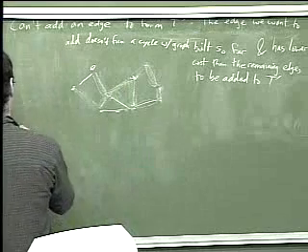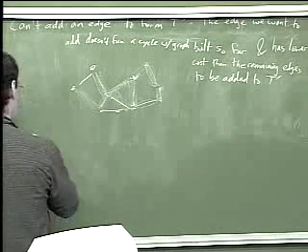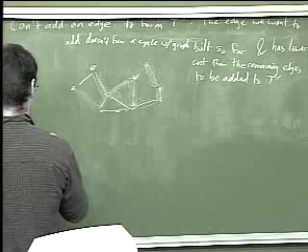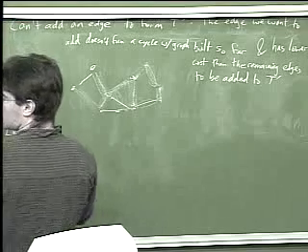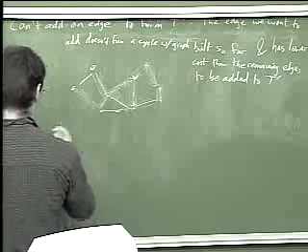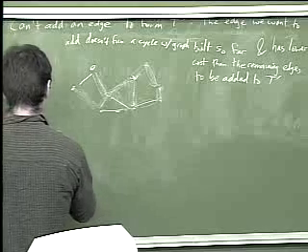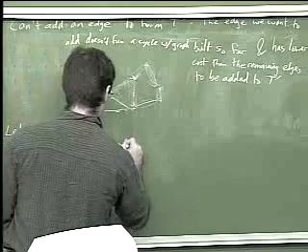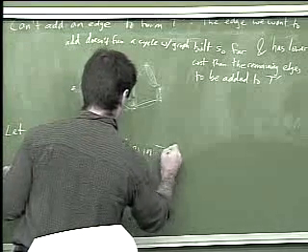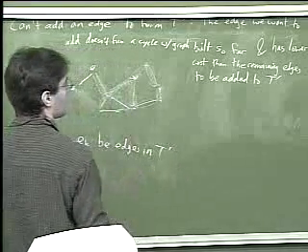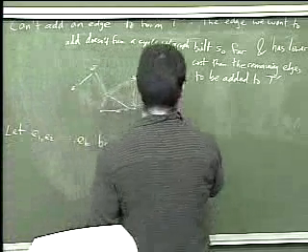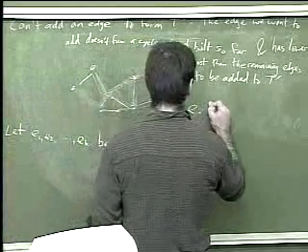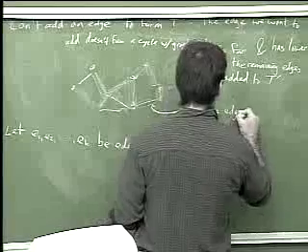Okay, so let's call them E1, E2, E sub k, the edges in T prime, and let's call this edge E. E is the edge I wanted to add.